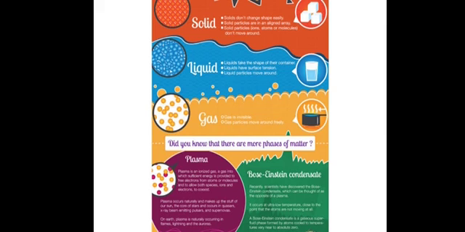Plasma is an ionized gas, a gas into which sufficient energy is provided to free electrons from atoms or molecules and to allow both the species, the ions and the electrons, to coexist.